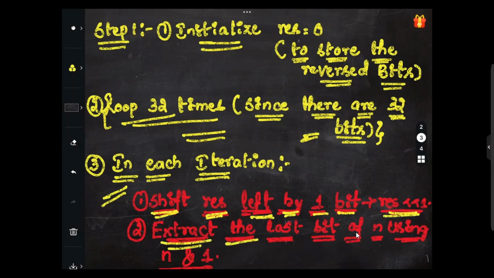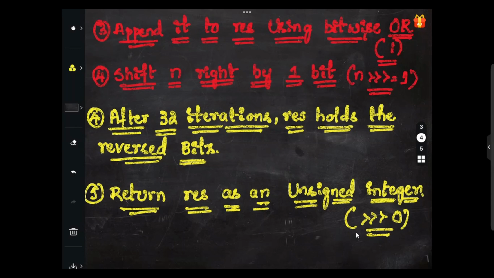The next step is to extract the last bit of n using n and 1. We'll be making use of the AND operator here. We are extracting the last bit of n. Keep this in mind, this is important. On the second step, using n ampersand 1, we extract the last bit, and we will append it to the result using bitwise OR.